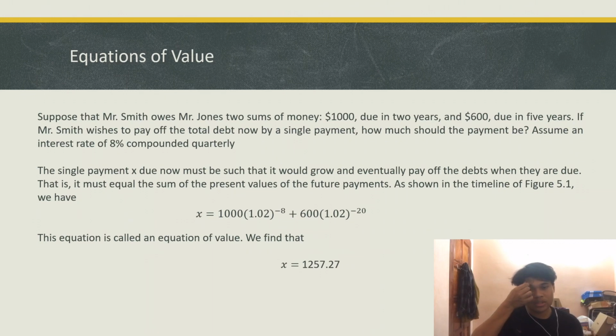So from the equation, we get that x is equivalent to 1,257.27 for the single payment that Mr. Smith owes Mr. Jones. Alright.